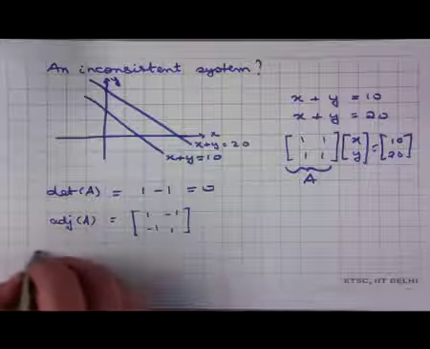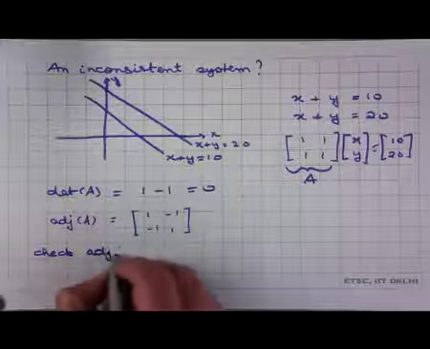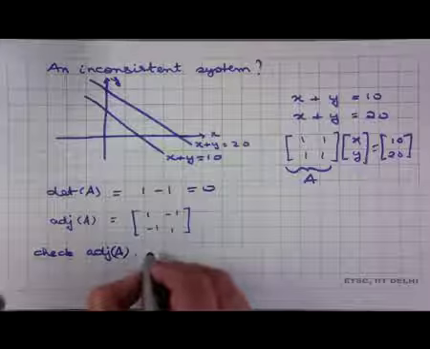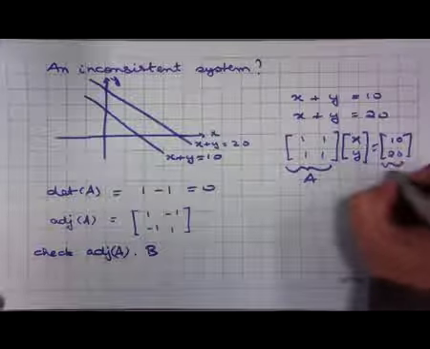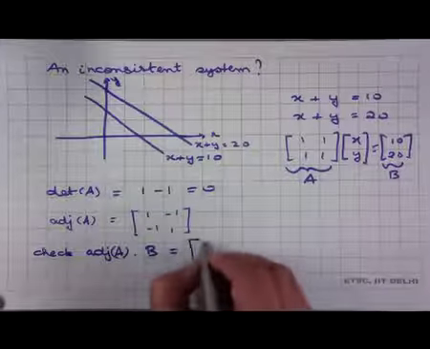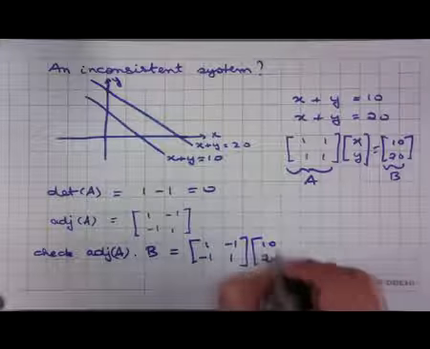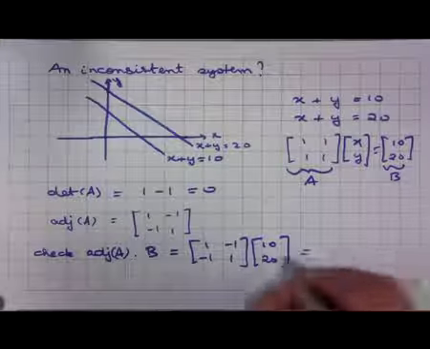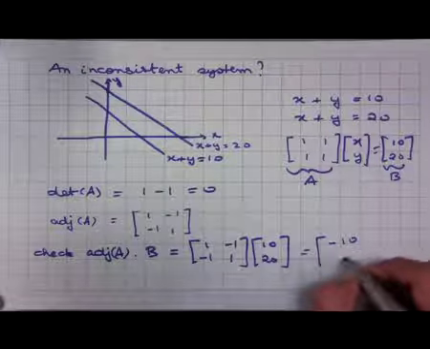So, then we will check what is the value of adjoint of A times B. In this case this is B. So, what is adjoint of A times B? This is 1 minus 1 minus 1 1 times 10 20, and this is going to be 10 minus 20, so minus 10, and then plus 10.